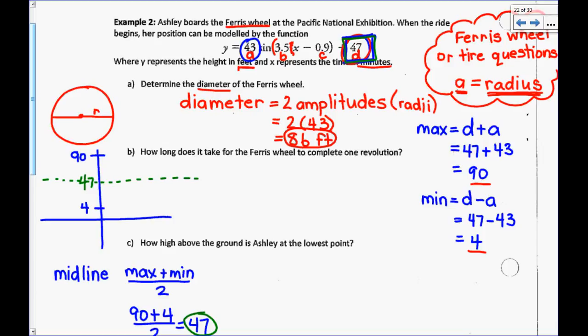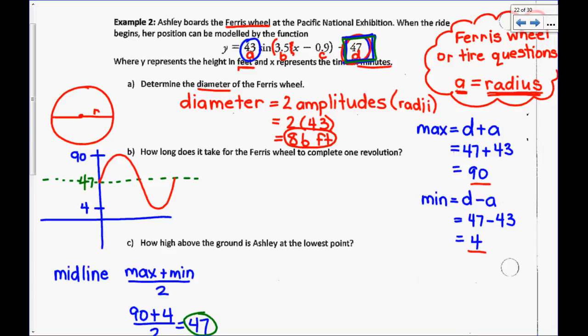And it's got a minimum point of 4. So instead of starting at 0 like it usually does, it's starting at 47 and it's going up to 90. It's coming down to 4, and then back up to 47 again.